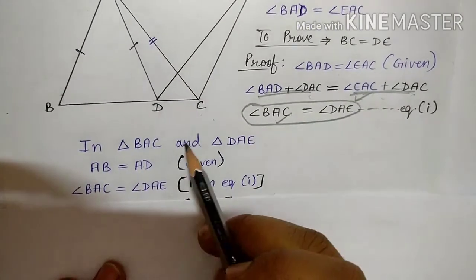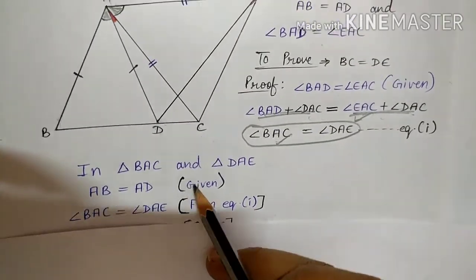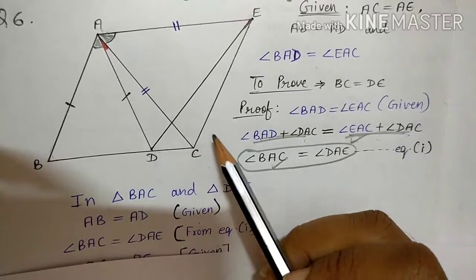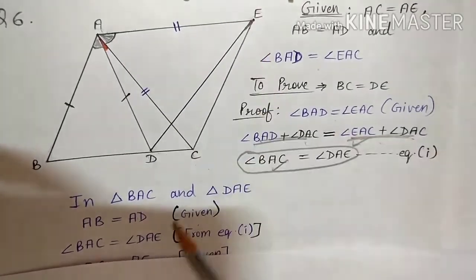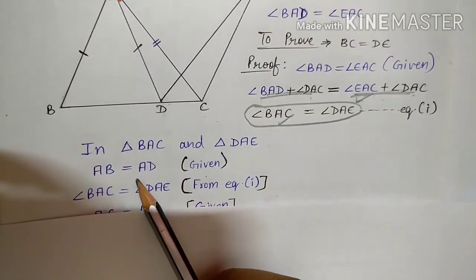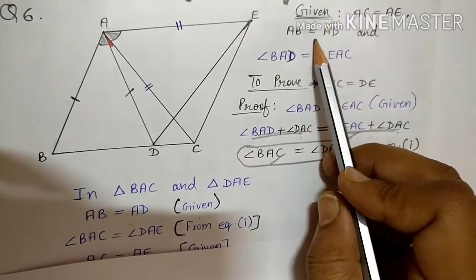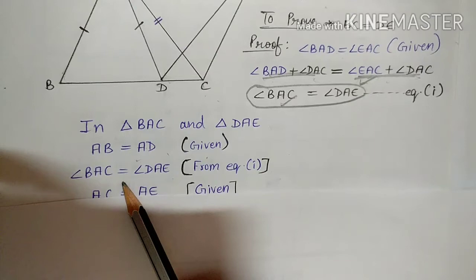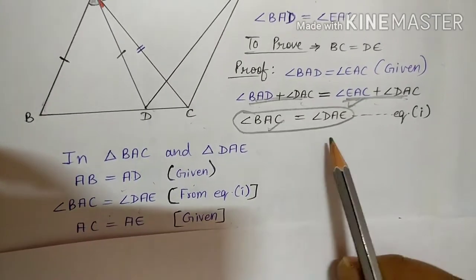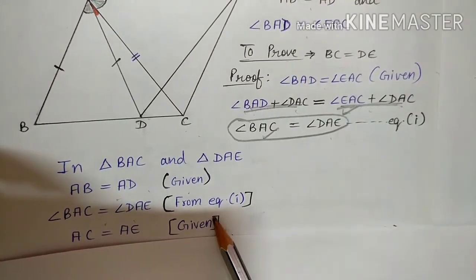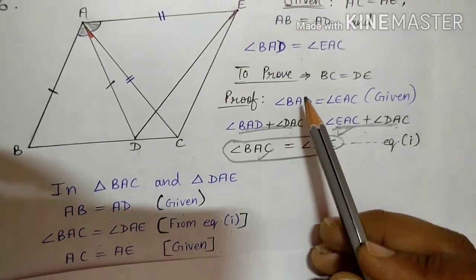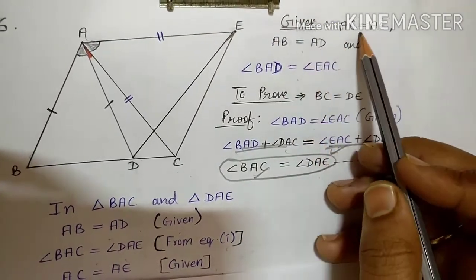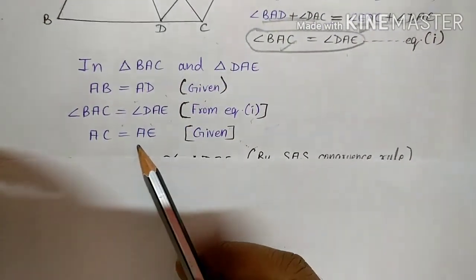Now we have to prove BC equals DE. So in triangle BAC and triangle DAE, AB equals AD, already given in the question. Then angle BAC equals angle DAE, which we just proved in equation first. And at last it was given that AC equals AE.